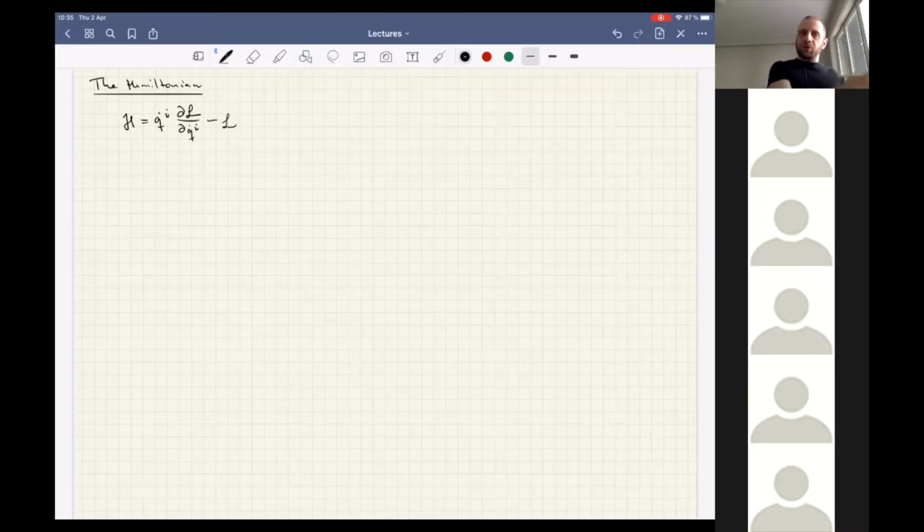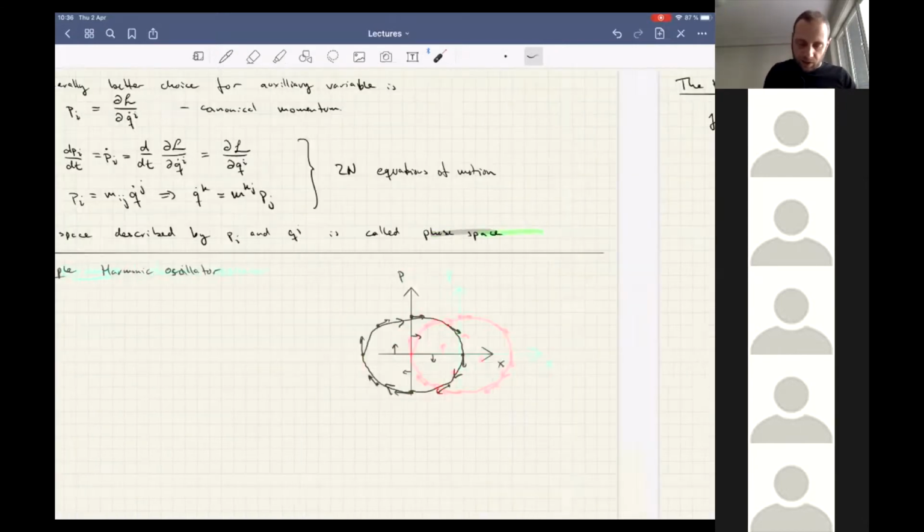Now, when we introduced this canonical momentum, we introduced it just as this quantity, right? So we can write this here now as q dot i p_i minus L. And now, since we are in the Hamilton formalism, where we have variables p and q, and we want to write first order differential equations, what we're going to do in this expression is use the definition of the canonical momentum to rewrite this q dot in terms of p, because we can do that using this equation.